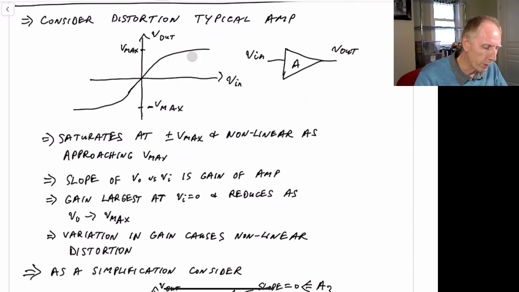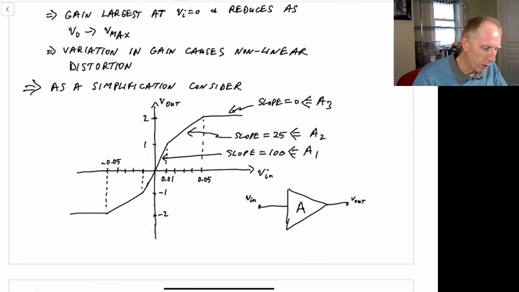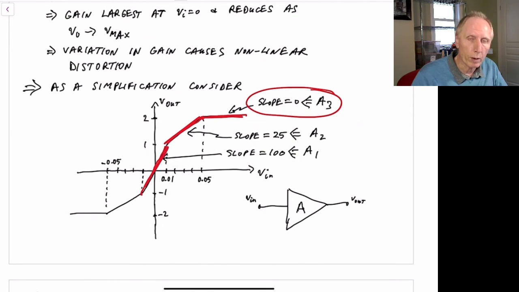For analysis purposes, let's look at a similar case. Look at a case where around Vn we have a gain which is shown here, but once the output voltage gets higher than 1 volt, it changes to a different slope, and once the output is at 2 volts, the slope actually goes to 0. For this final part, we have the slope, we'll call that gain A3, and we'll say that's equal to 0.